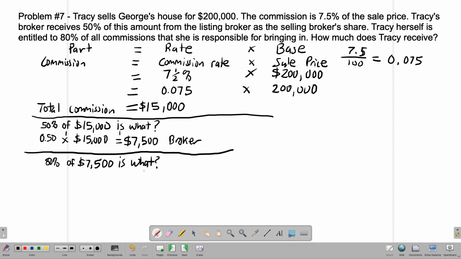And that what is going to determine what Tracy receives. So the 80% is the same thing. We take 80% divided by 100, and we receive a value of 0.80. The of represents multiplication, and then bring down the 7,500. The is represents equal, and the what represents Tracy's commission.